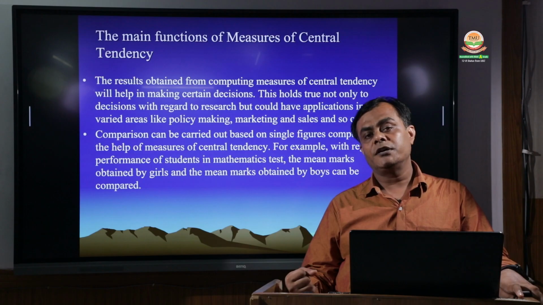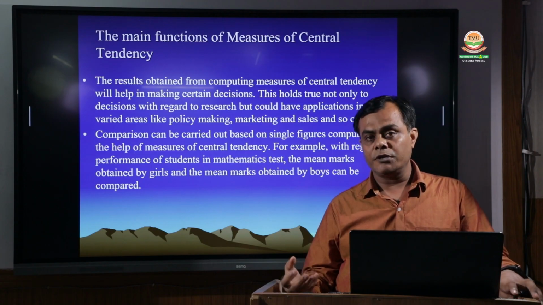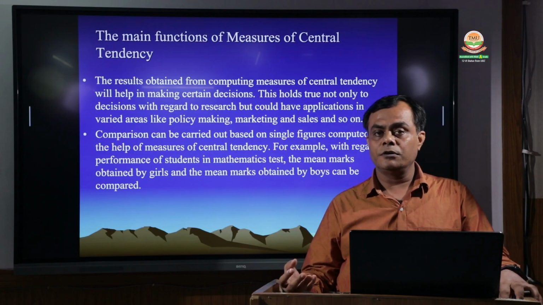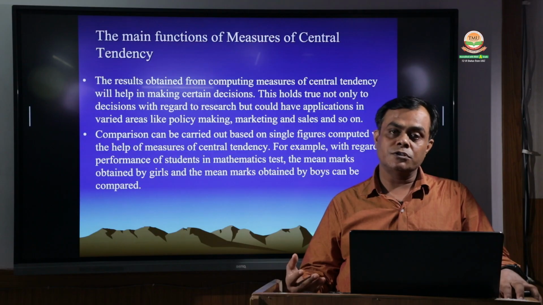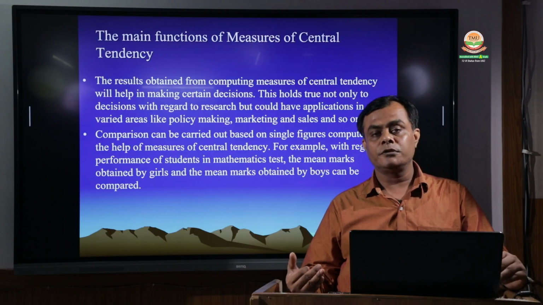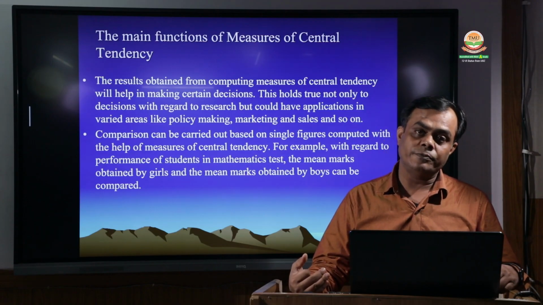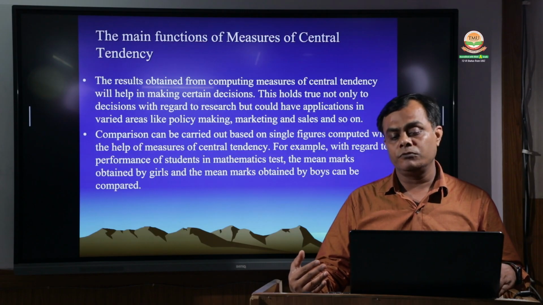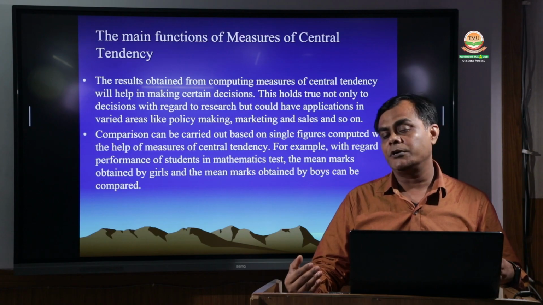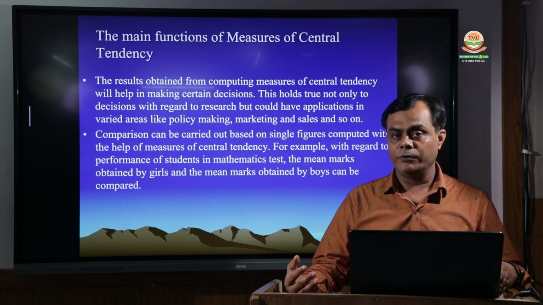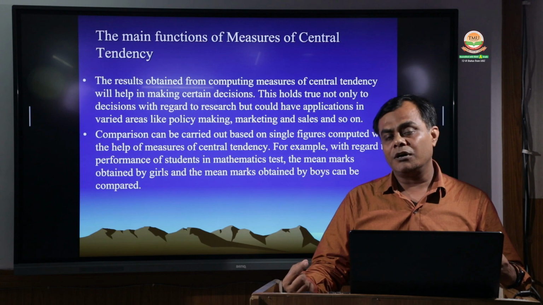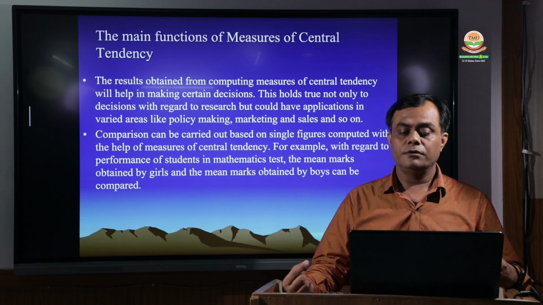Through this we can understand what remedies or requirements are needed to complete whatever achievement you want to complete. So measurement of central tendency gives you a very good idea to understand the population through a single figure.